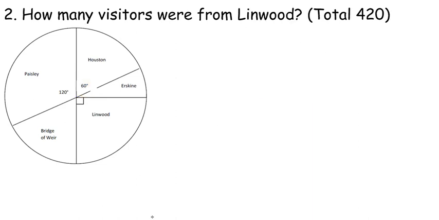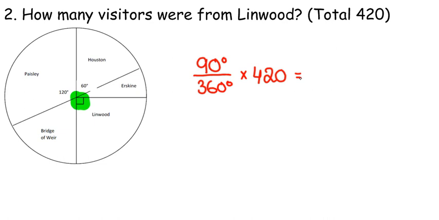Okay, so our next question, how many visitors were from Linwood? Well, Linwood has that little square, which we all should remember is our right angle sign. So our right angle is 90 degrees, or 90 over 360 times by 420.